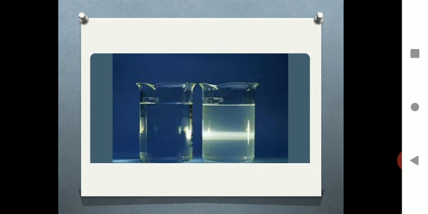Now this figure clearly shows the Tyndall effect in the two types of solutions, that is true solution and colloidal solution. The beaker containing a milky solution contains a colloid, and the other beaker which has a clear transparent solution contains a true solution.